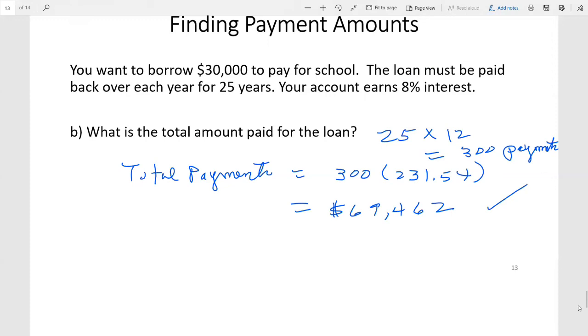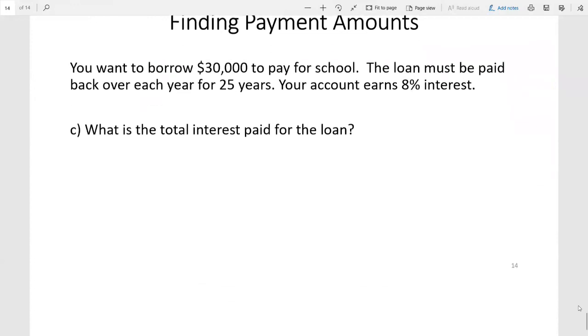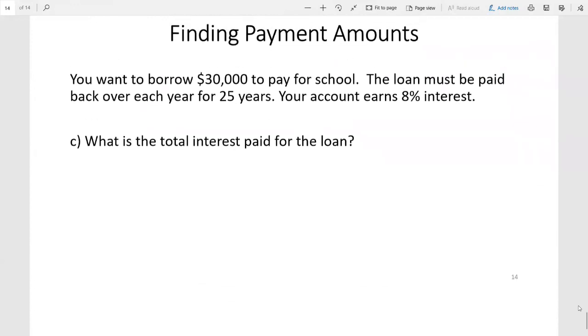And what is the interest paid for the loan? The interest is going to be the payments minus how much you borrowed, which is $30,000.